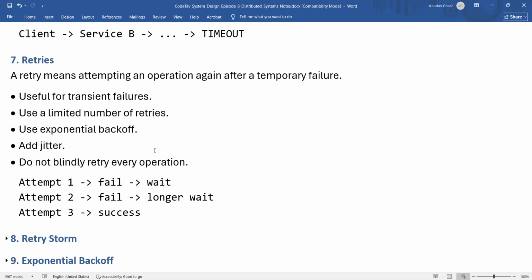That is the retrying mechanism. For example, request one failed, request two succeeded. Retries can improve reliability, but there is an important warning. We should not retry everything blindly because retries themselves can also create problems.